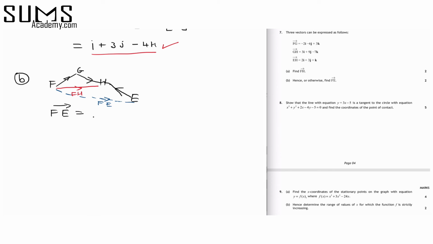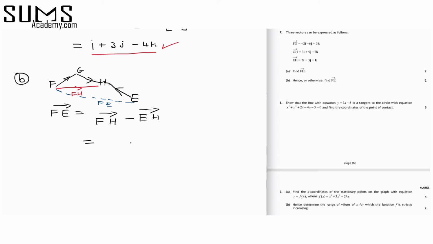So our first one, which we worked out, is 1, 3, -4. Actually, I'll state the pathway explicitly because that'll be better. So FH minus EH. You'll have to do that to get a mark.